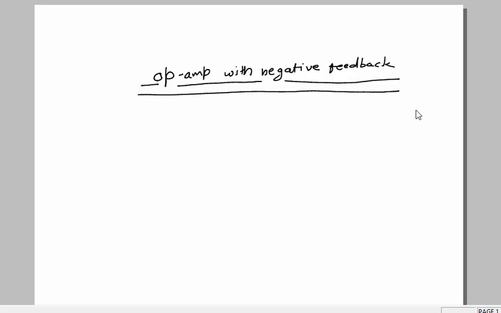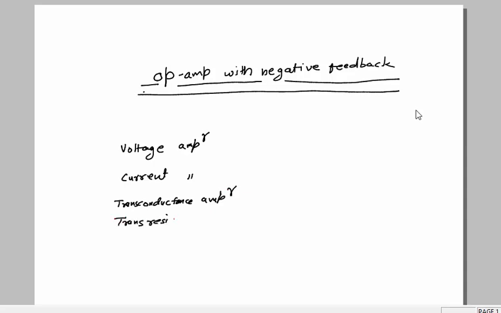So in the topic feedback we saw that basically we have four types of amplifier configuration, which is voltage amplifier, current amplifier, transconductance amplifier, and finally trans resistance amplifier.